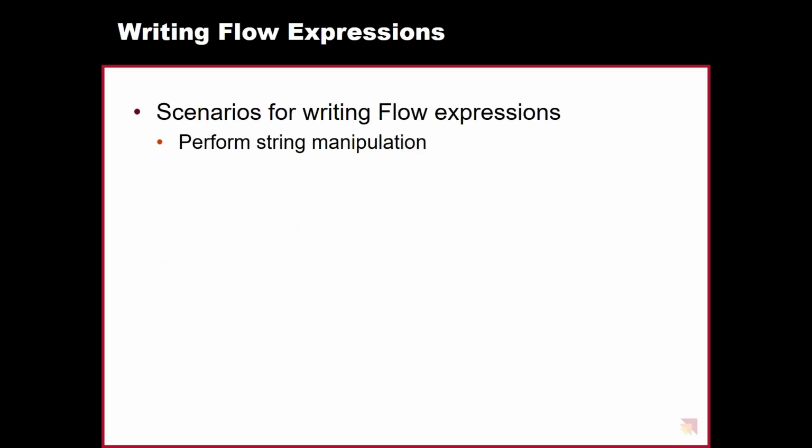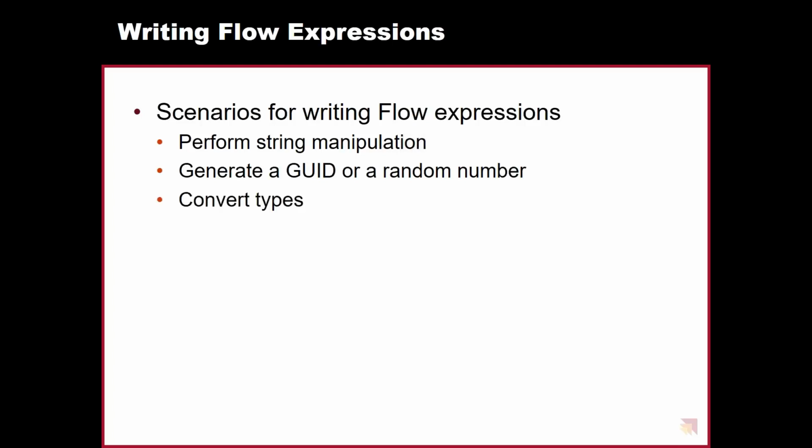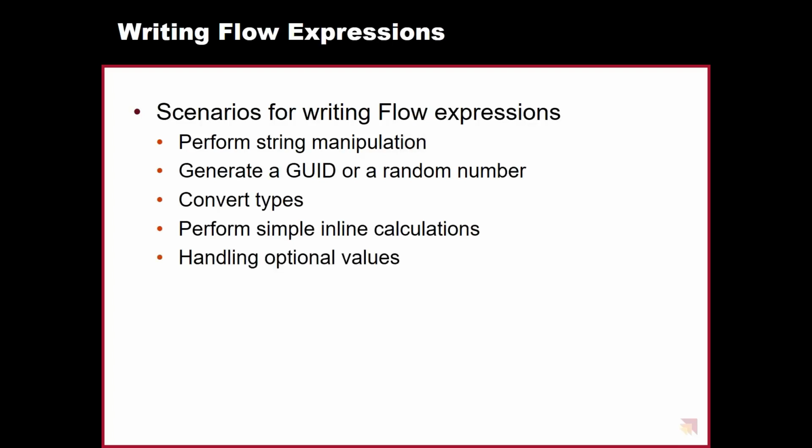Okay, now what are some of the scenarios where we want to write flow expressions? Well, string manipulation, you saw my example generating a random number. There's also a function to create a GUID. You might want to convert between types, perform simple calculations, handle optional values.